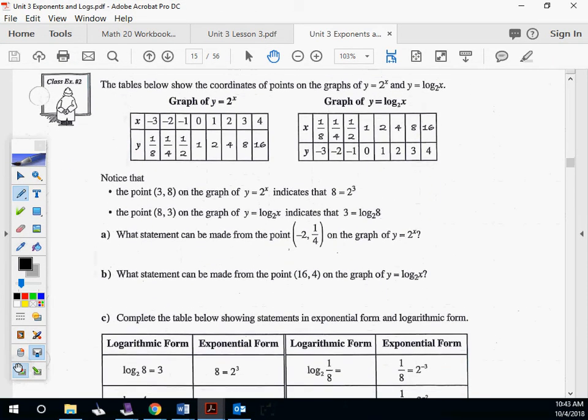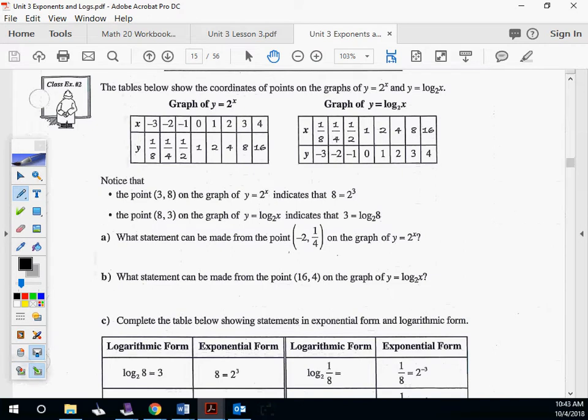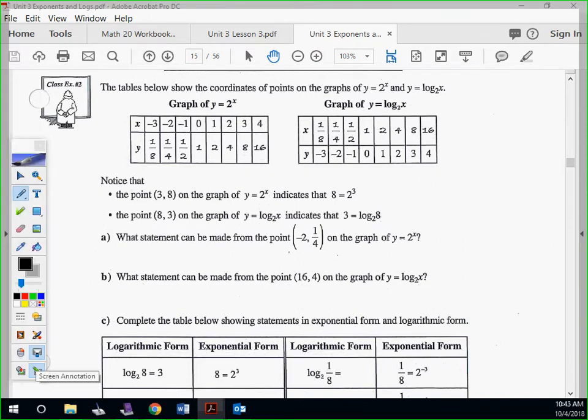All right, so example 2. The tables below show the coordinates of the points on the graph y equals 2^x and y equals log base 2 of x. Here are the coordinates, which we already filled out. Notice that the point (3, 8) on the graph y equals 2^x indicates that 8 equals 2 cubed. This point means that 2 cubed is 8.